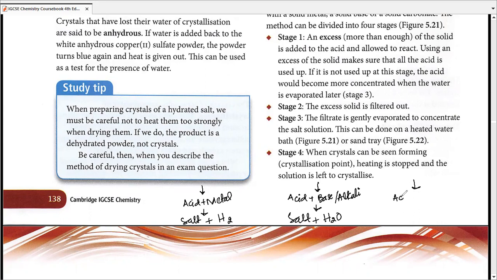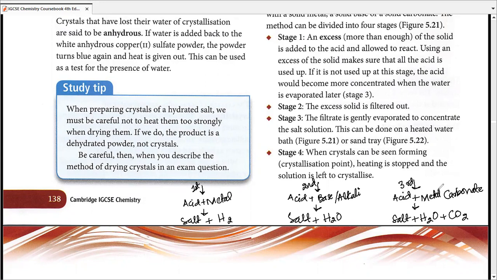And the third characteristic reaction was the acid reacting with a metal carbonate. When it reacted with the metal carbonate, it gave us salt plus water plus carbon dioxide. All right, so that's how we bifurcated these.